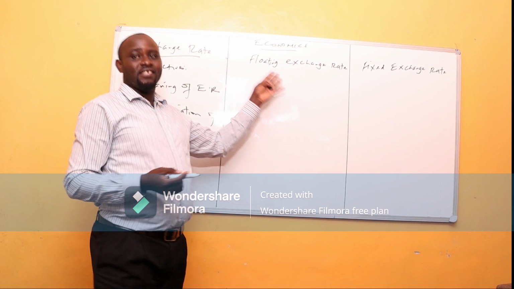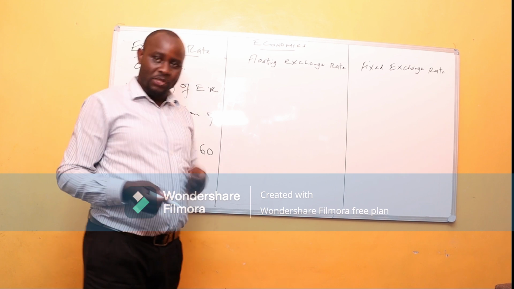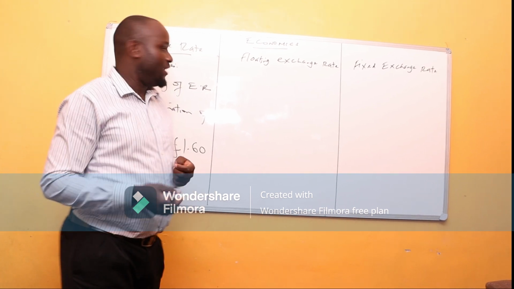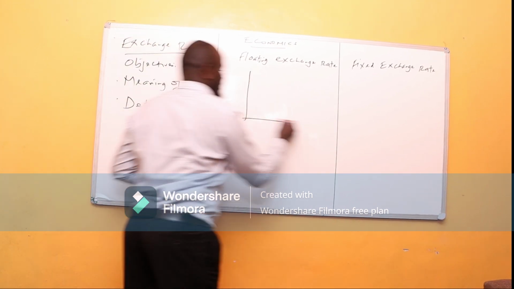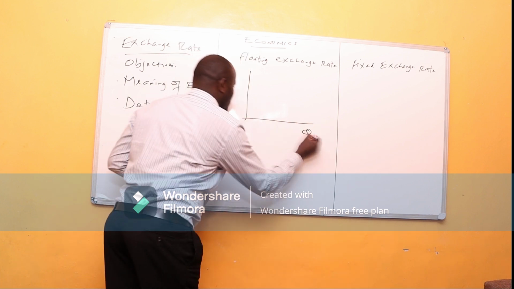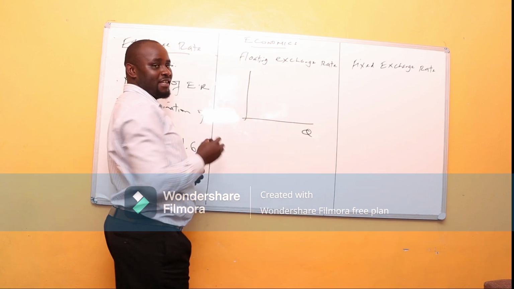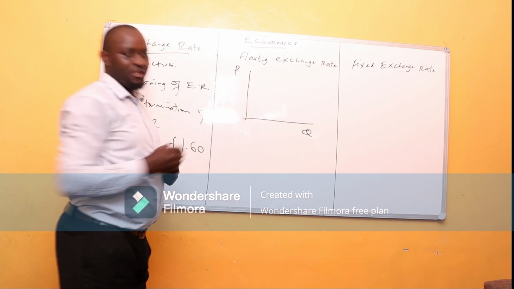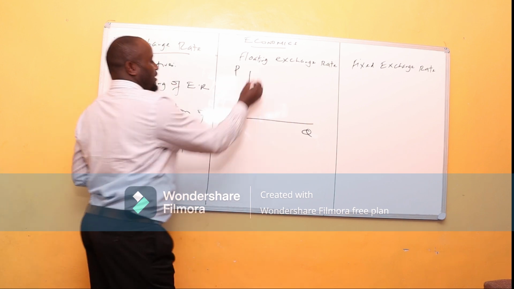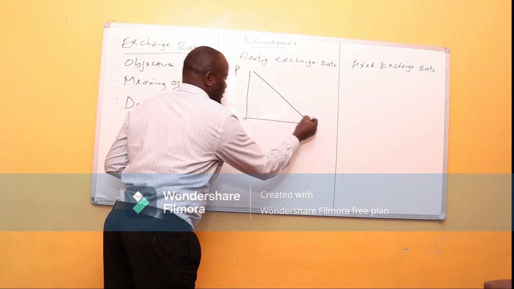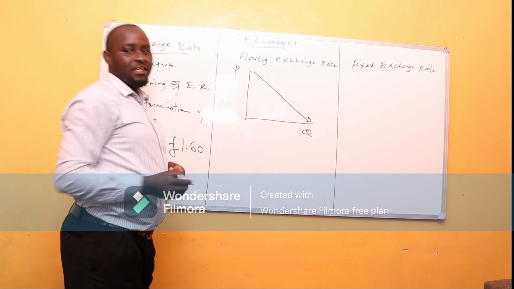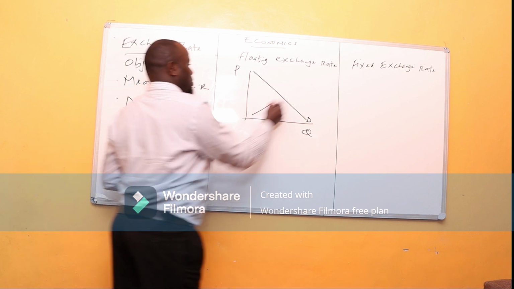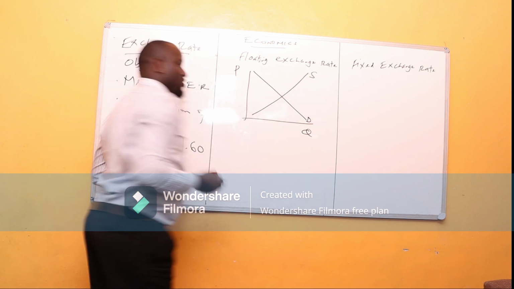Here the exchange rate is determined by the forces of demand and supply. Now, let's see. This is quantity demanded and supplied. This is the exchange rate. Let's call it P. This curve shows the demand for the currency, and this one, the supply of the currency.